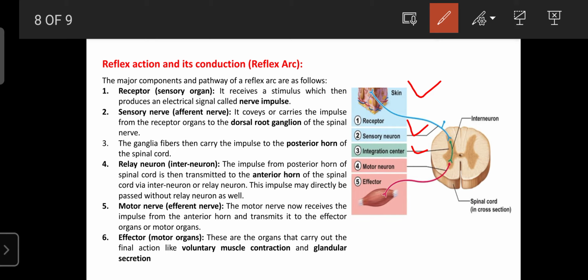Then the motor neuron carries the integrated message, or answer, from the interneuron towards the effector organ. Next is the effector organ, where the effect is shown. That is known as the effector.